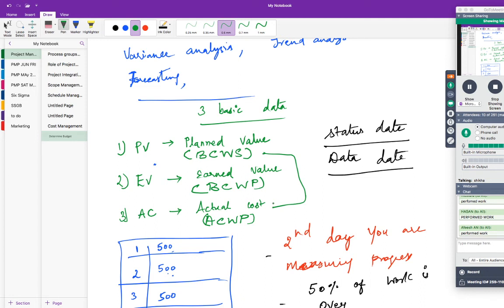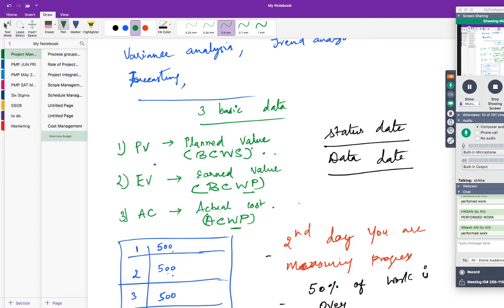You should not compare those two. So the work should be intact, only the cost difference should be seen. That's cost variance. They both talk about performed work and you're only looking at the difference in the cost. So that's your cost variance.